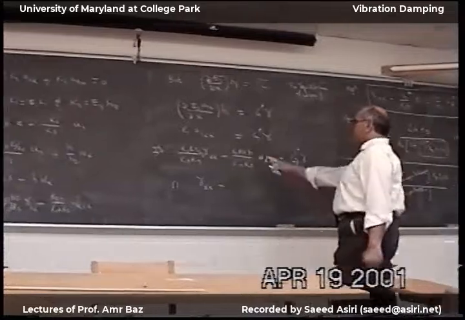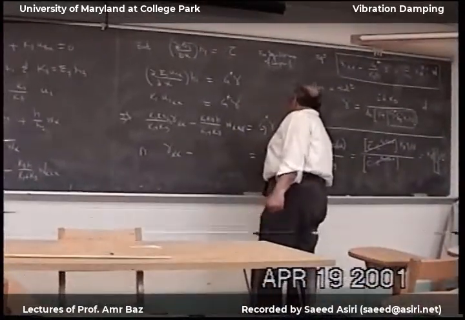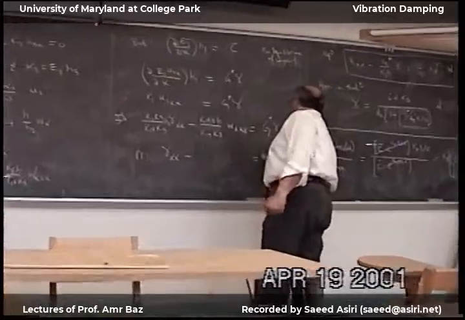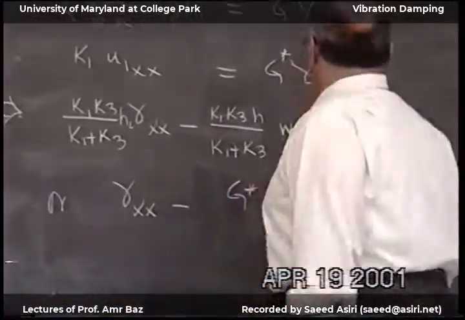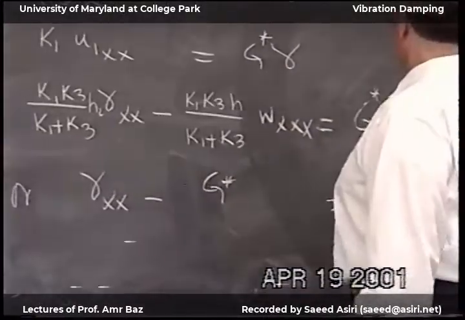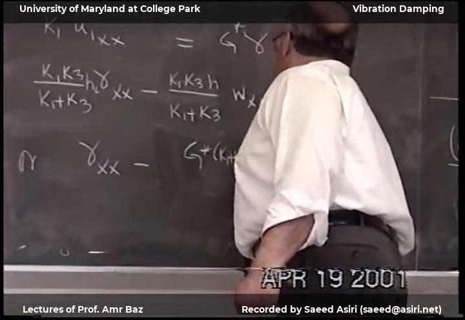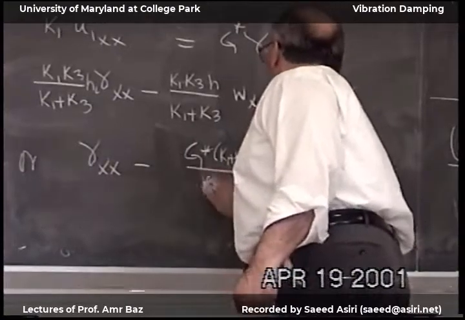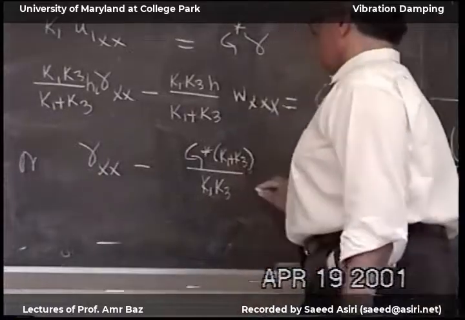Okay, now if we divide by H2, so we have this WXXX, H over H2, and then we have G prime and gamma, which is here now multiplied times K1 plus K3 divided by K1, K3, and H2.